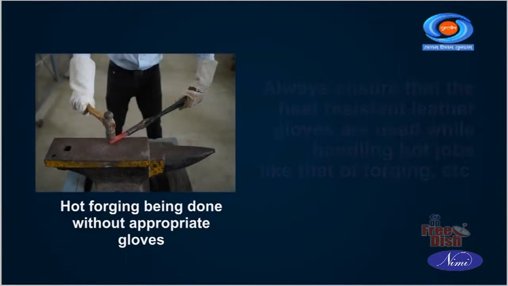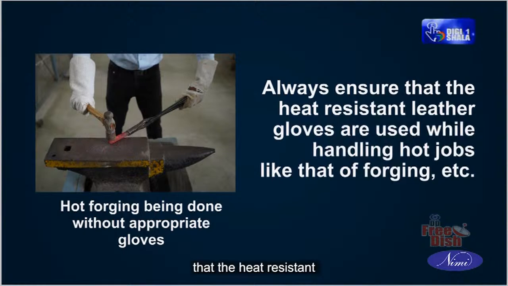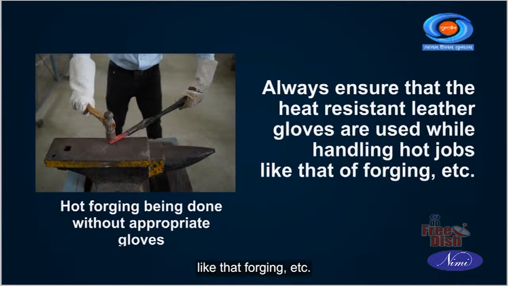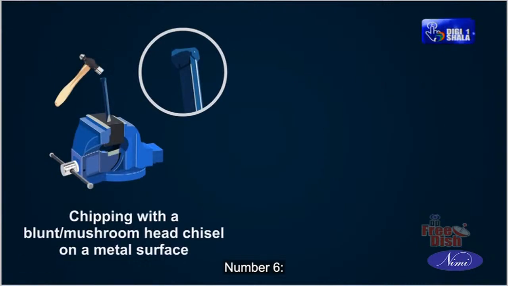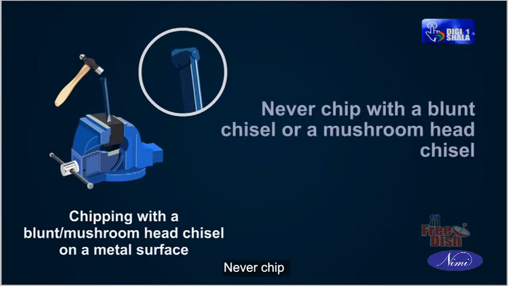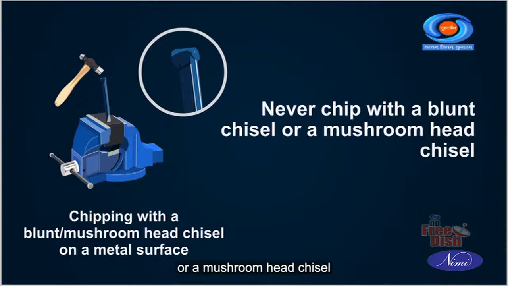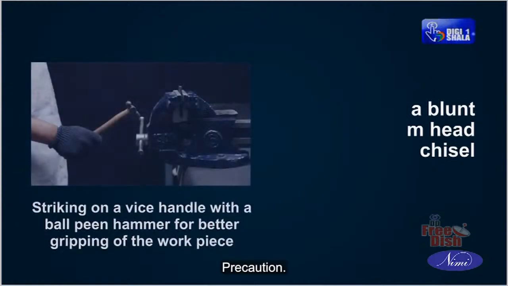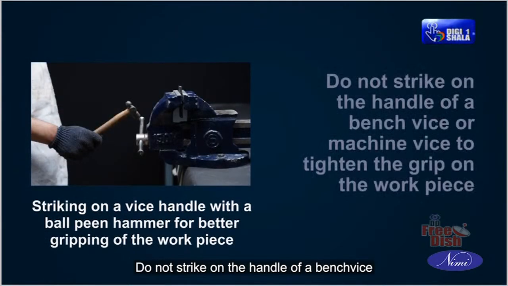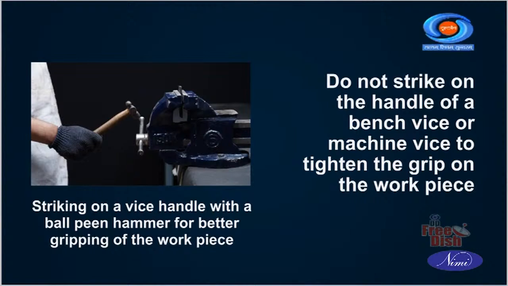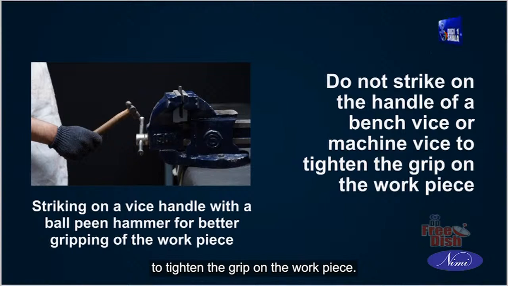Precaution number 5. Always ensure that heat-resistant leather gloves are used while handling hot jobs like that of forging, etc. Precaution number 6. Never chip with a blunt chisel or a mushroom head chisel. Precaution number 7. Do not strike on the handle of a bench vise or machine vise to tighten the grip on the workpiece.